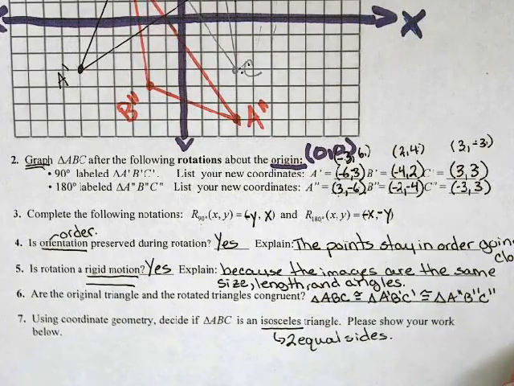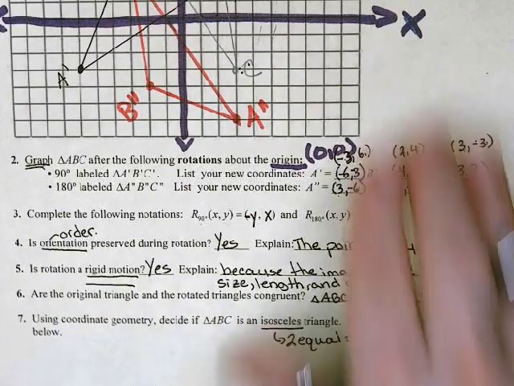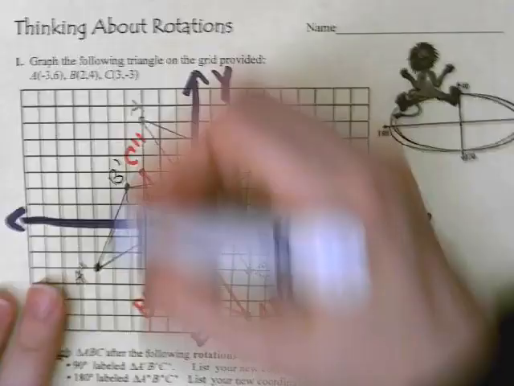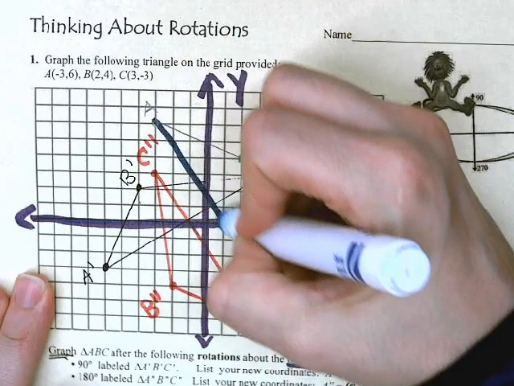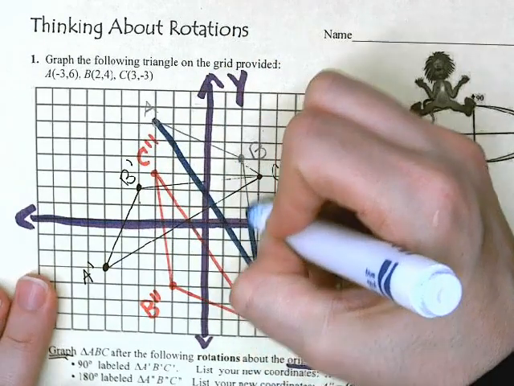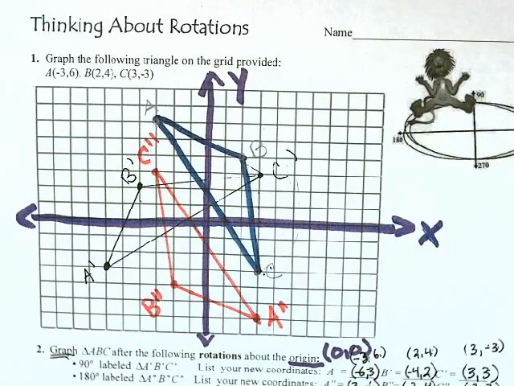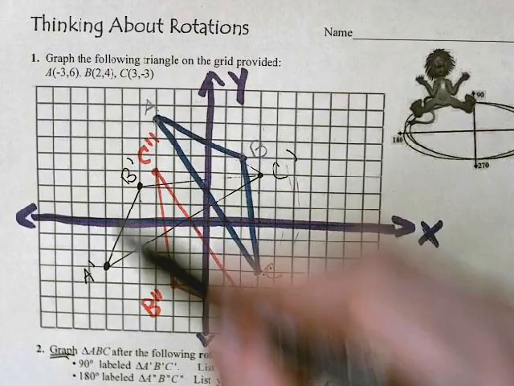So I'm going to go back up to the top and look at the picture again. So remember, we're looking at the original one, which I will highlight in blue. Here's the original triangle. Now, by looking at this, we should be able to get an idea of which two sides we think are going to be congruent. Right?